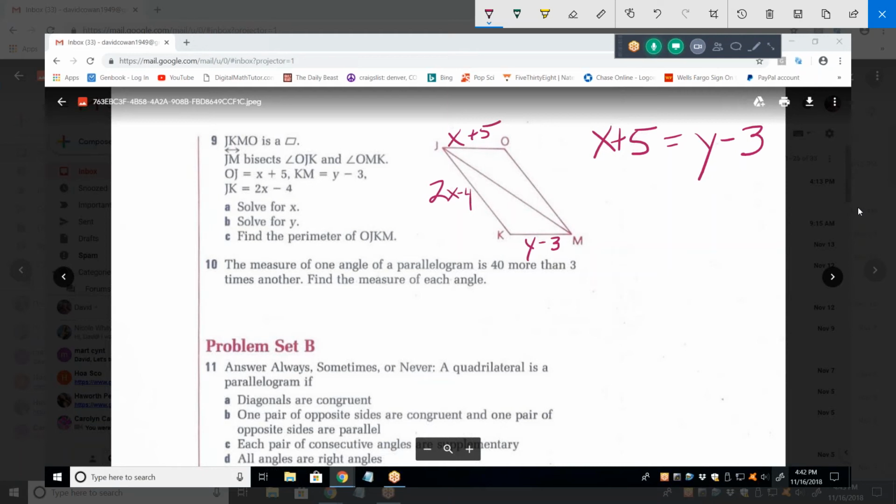So x. Well, hold on a second. 2x minus 4 what? Minus 4. Yeah, but that's just an expression. That's not an equation.